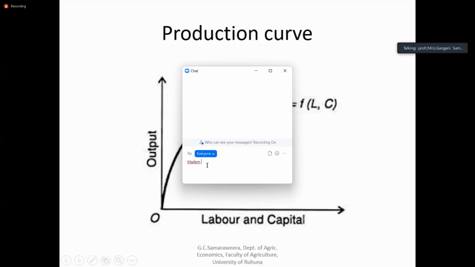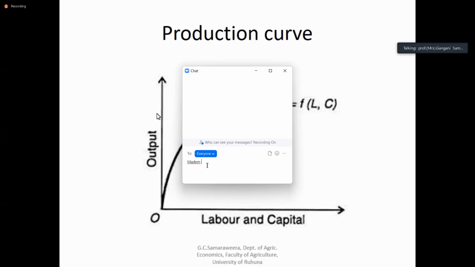I think you got a clear idea of selecting Y and X, because it's very important in the production curve. If you mix these two axes, all your calculations may go wrong. So every time you need to remember the selection of X and Y variables nicely.